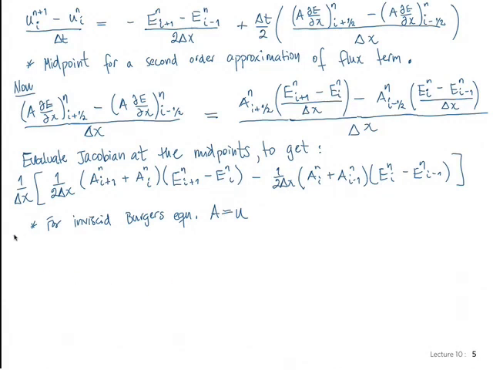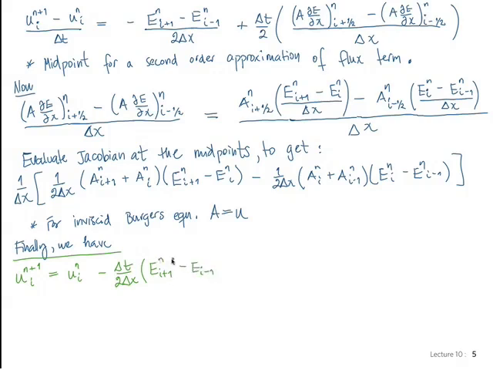So finally we have it in a form that we can write in a computer program: u_i^(n+1) equals u_i^n, we multiply by delta t, and so we get minus, this term was already here, delta t divided by 2 delta x, E_(I+1) minus E_(I-1), both at n.